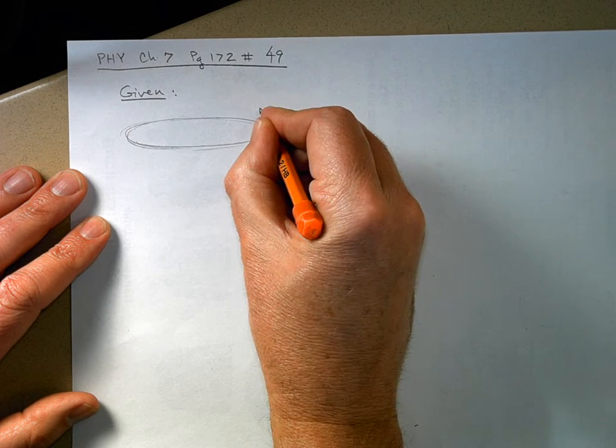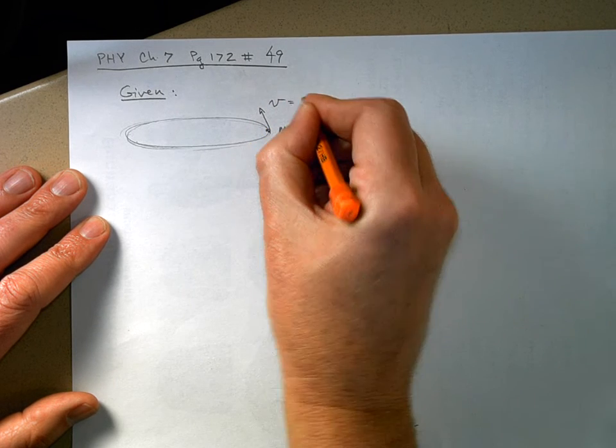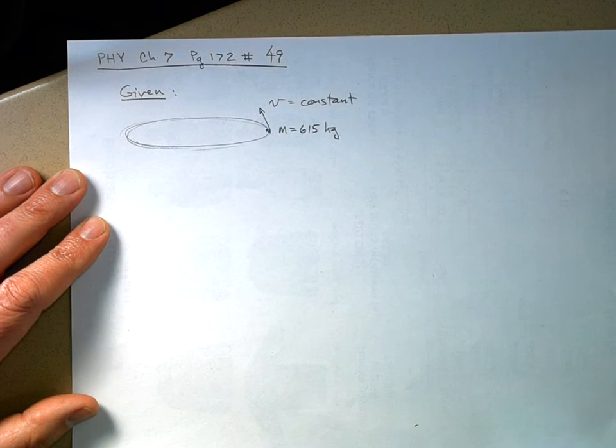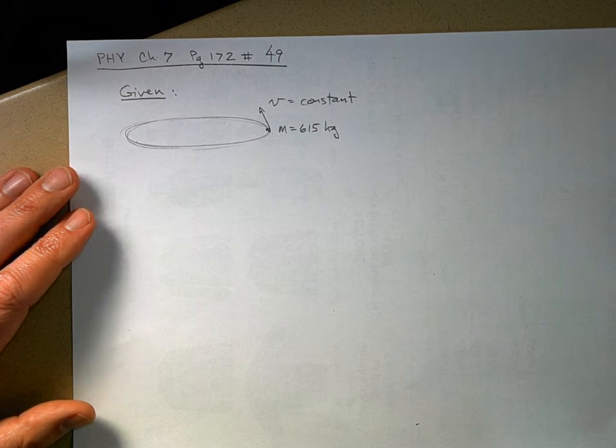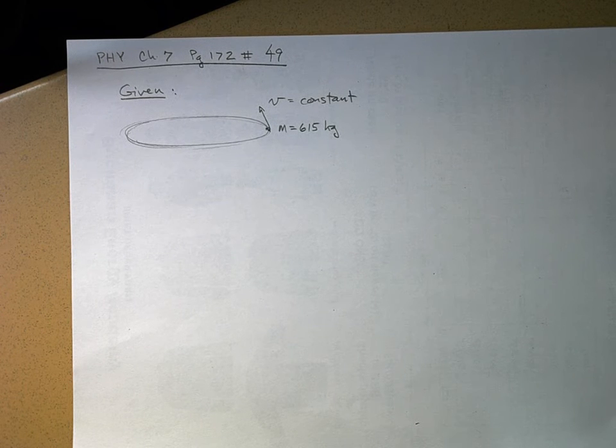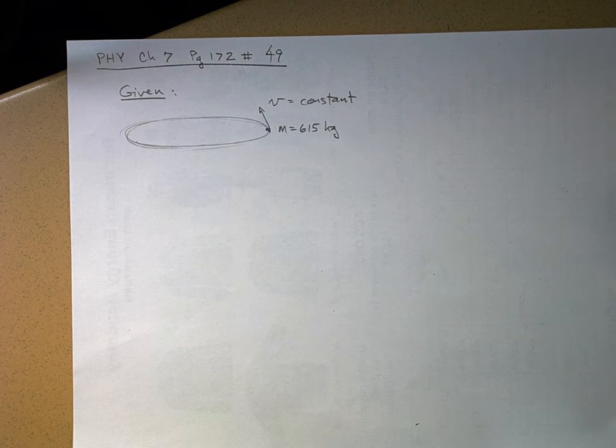Okay, the speed of the car, v, is constant. So it's going around a circle at constant speed. Now, does that mean the velocity is constant? Well, the speed is constant, but the velocity isn't, because velocity includes direction, and the direction is constantly changing. And that's why you need an acceleration.